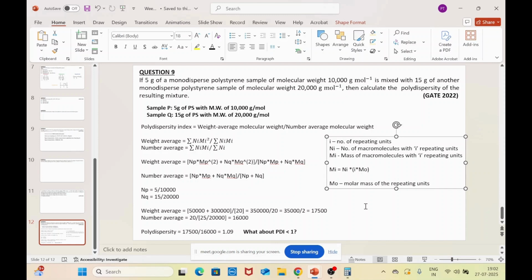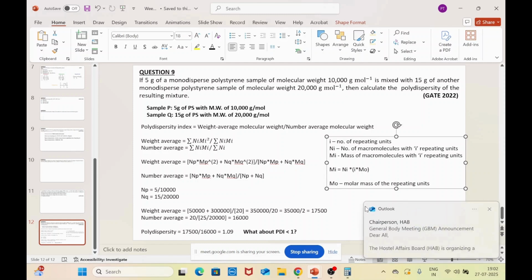So assume it is a bulk sample, and you have multiple macromolecules. There may be many macromolecules with a similar number of repeating units, right? So I is basically the number of repeating units, and Ni is how many macromolecules have these I repeating units.